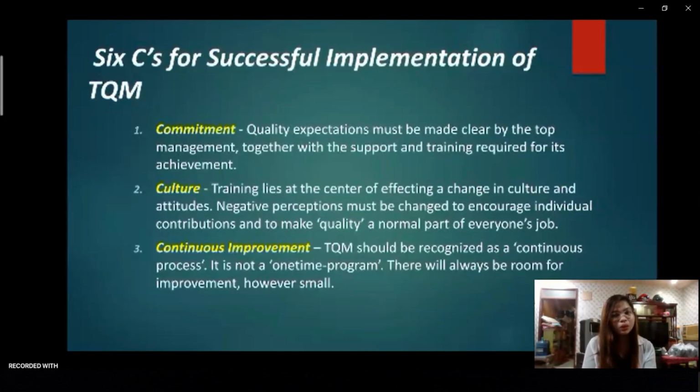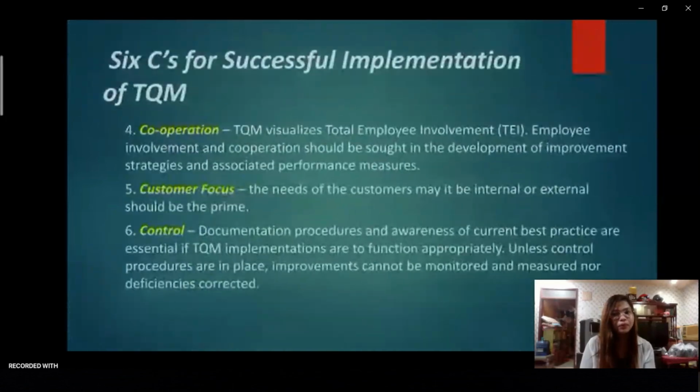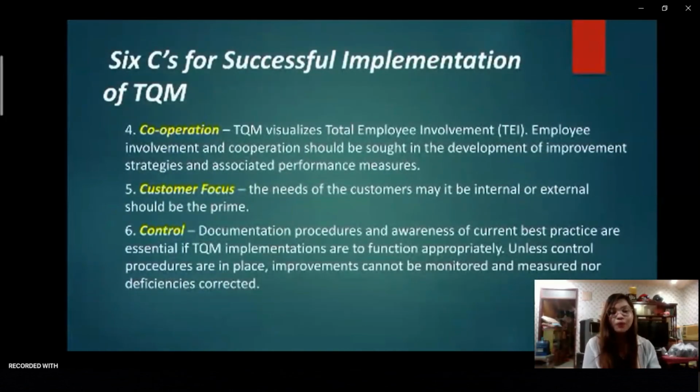Third is continuous improvement, gradual improvements as long as there is always room for improvement. Fourth, cooperation, where employee involvement is a key driver towards successful implementation of TQM. Fifth is customer focus, where we emphasize the customer's needs.